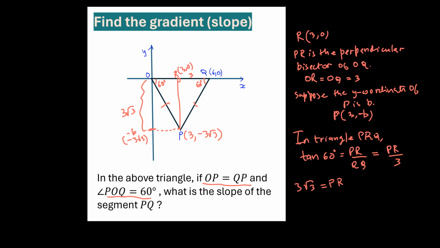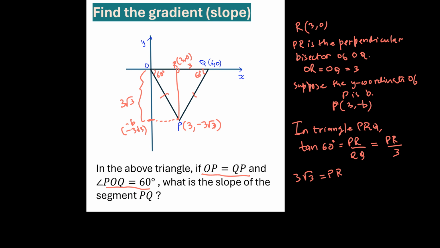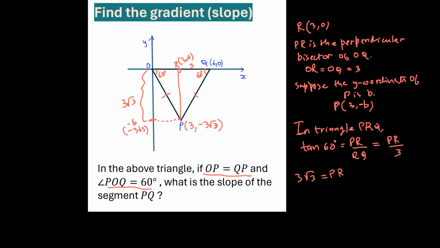So now I can work out the gradient or the slope. Therefore, the coordinate of P is 3, minus 3 root 3. And Q we already know is 6, 0.